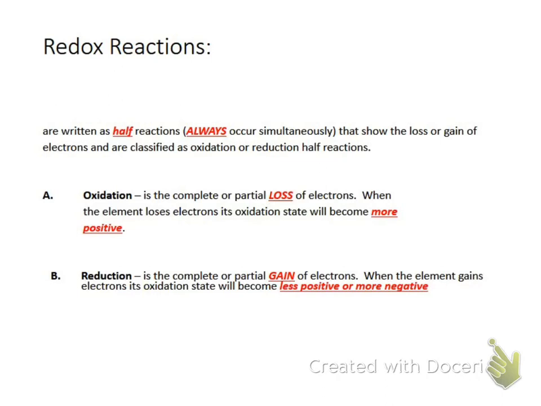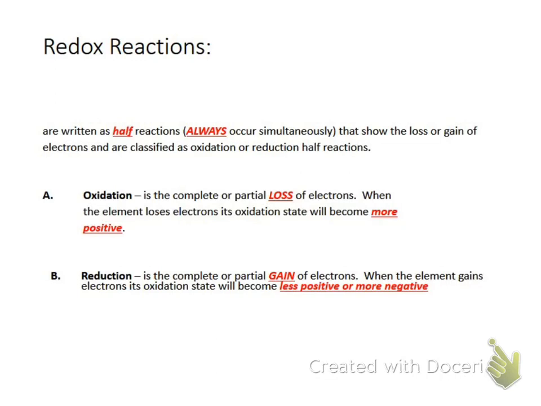Oxidation is the complete or partial loss of electrons. When the element is losing electrons, its oxidation state will become more positive. Even though it's losing things, some people get that backwards, but what are the things they're losing, charge-wise? They're negative.